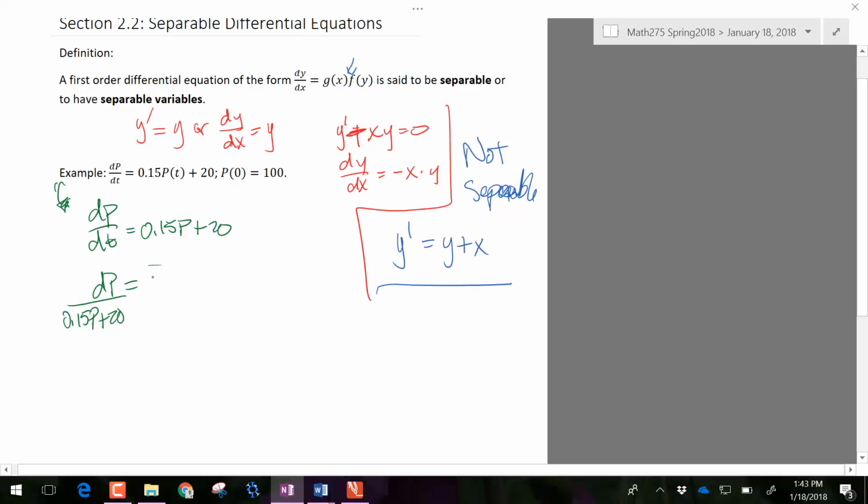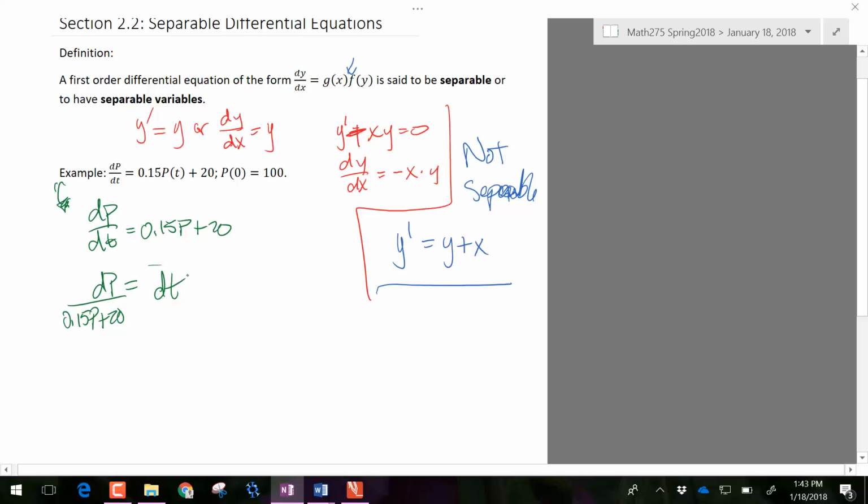And then on the other side, I would have dt. All right. Now it's separated. So that's the idea behind separable differential equations, to be able to separate it like this.